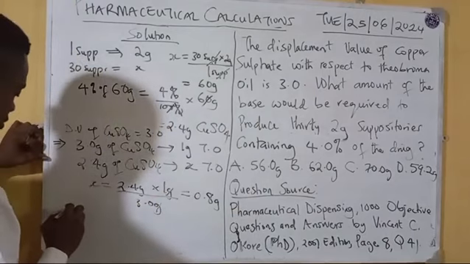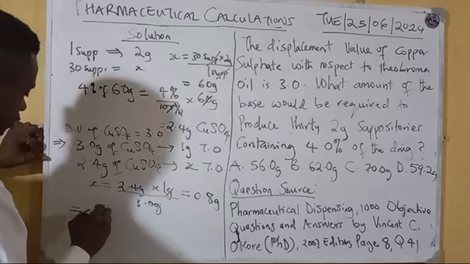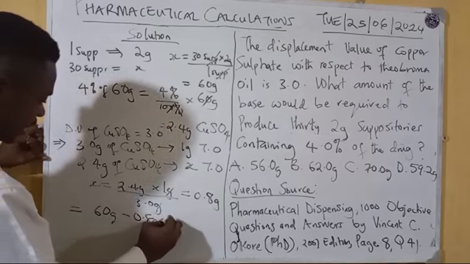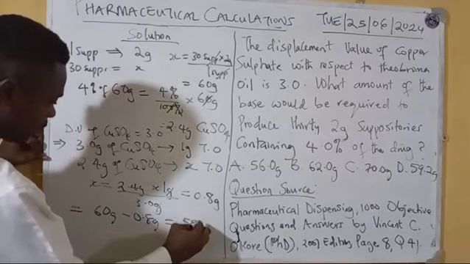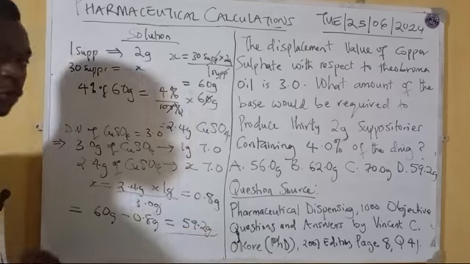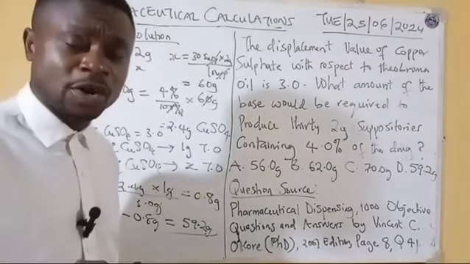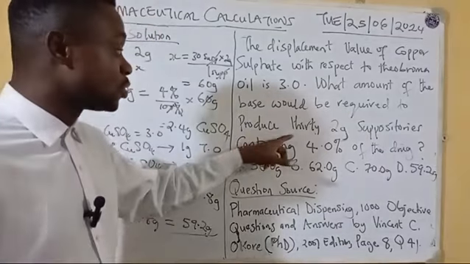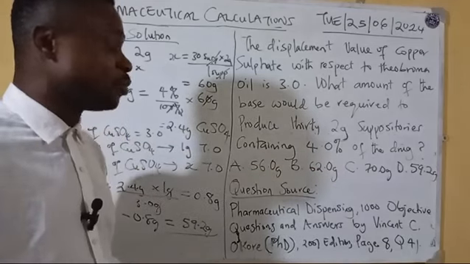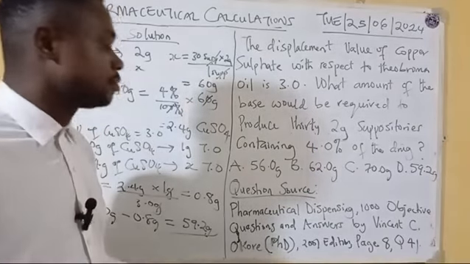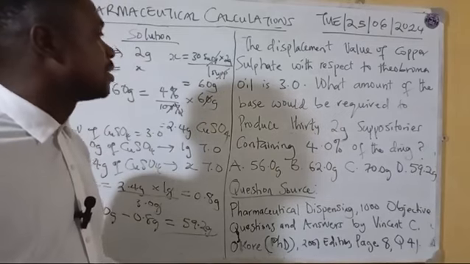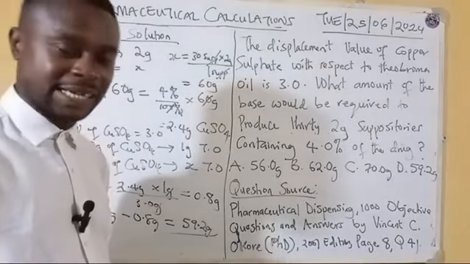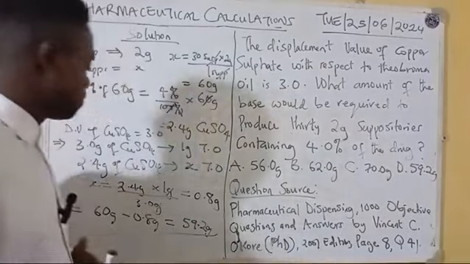This will give us 59.2 gram. So 59.2 gram of theobroma oil is required to produce 30 two-gram suppositories containing 4% copper sulfate as the active ingredient.